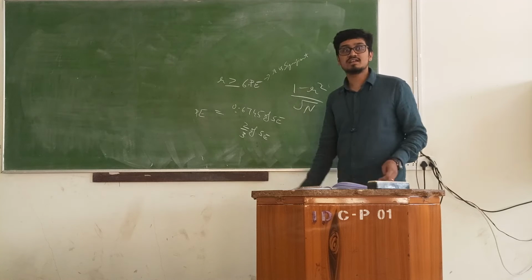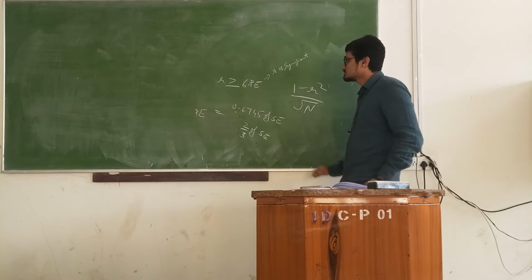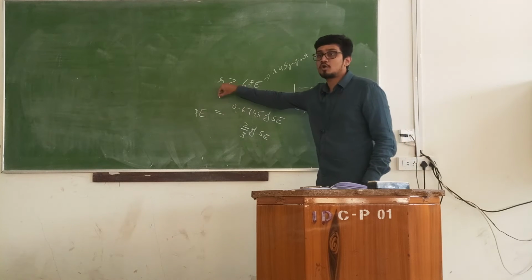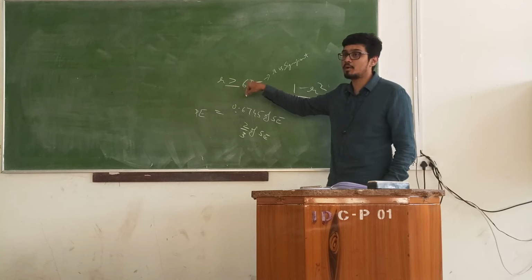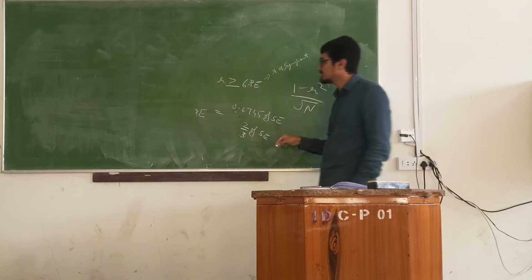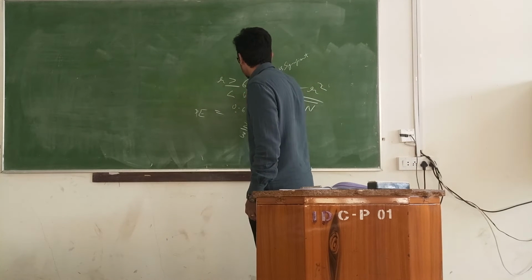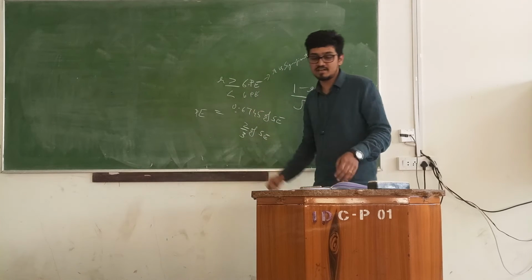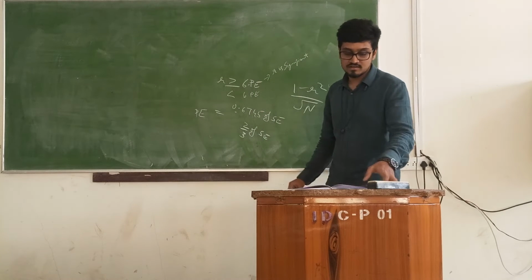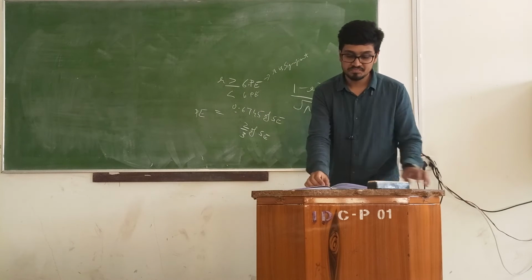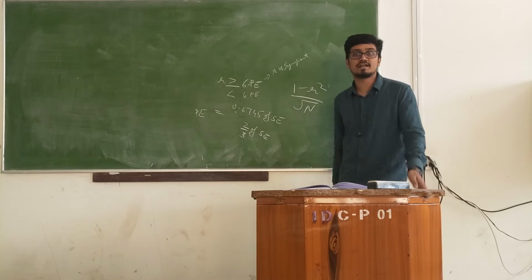If the correlation coefficient is more than 6 times the probable error, then R is significant. If it is less than 6 times the probable error, then R is insignificant.